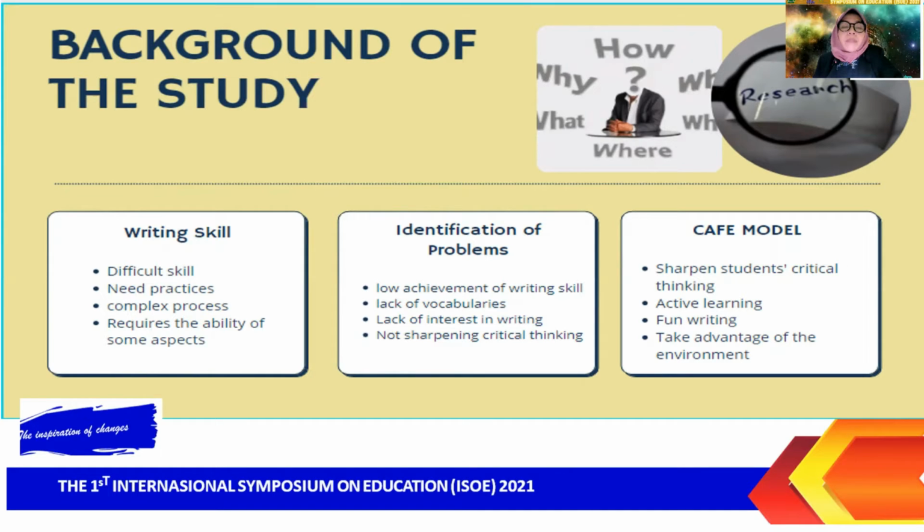Based on those problems, the writer was inspired to design a learning model that makes it easier for the students to produce the analytical exposition text according to the text organization.